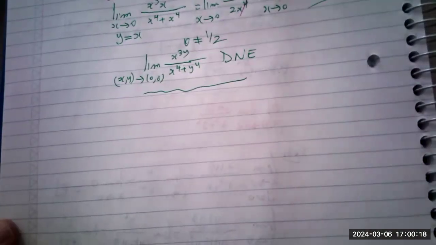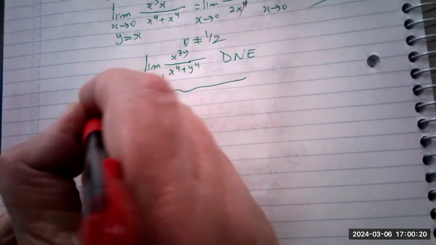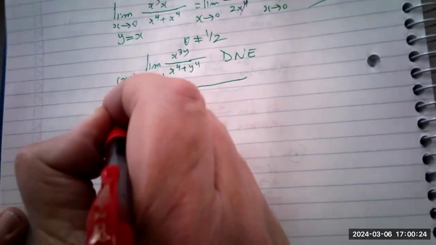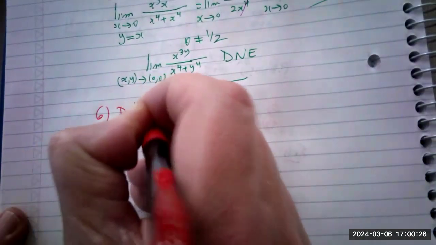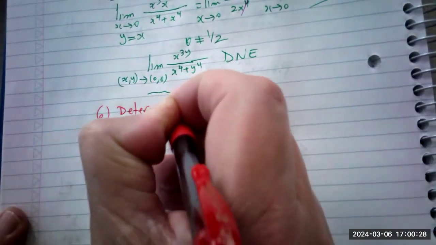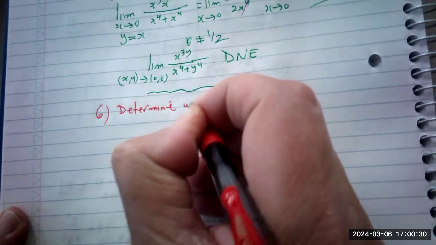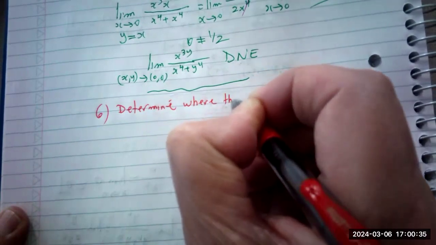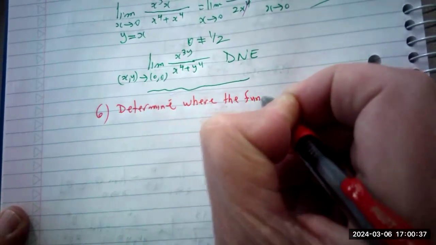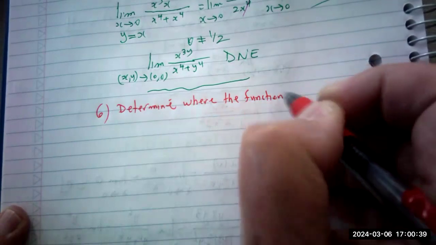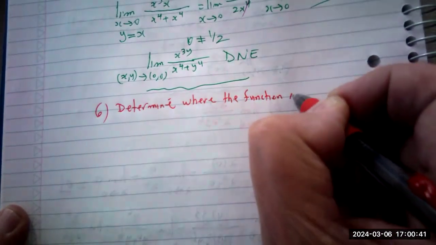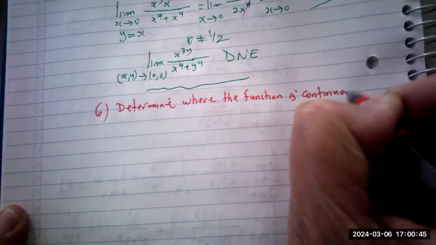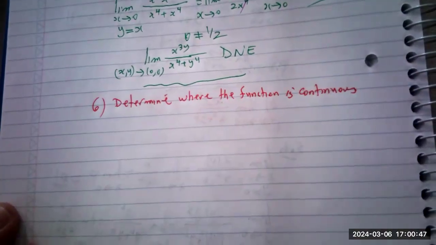Okay, so let's check the first part first. So it's number 6, continuity. Determine where the function is continuous. That is going to be the idea.